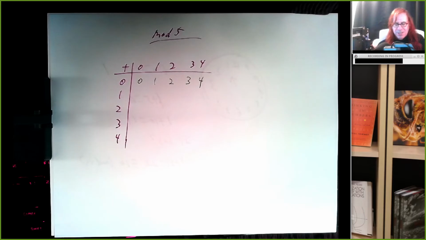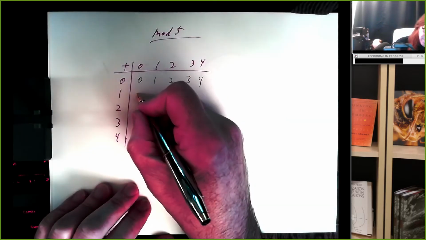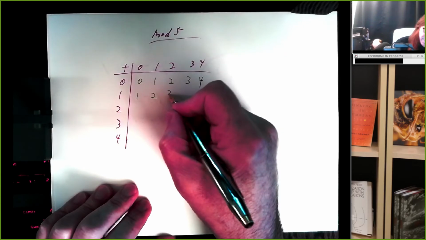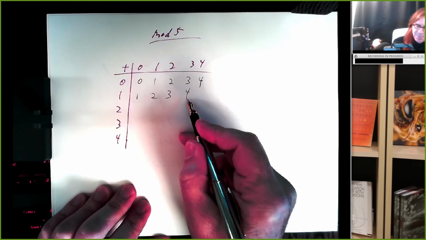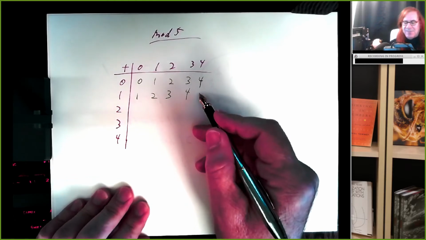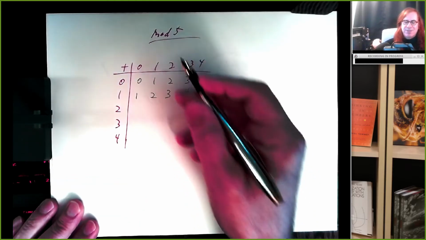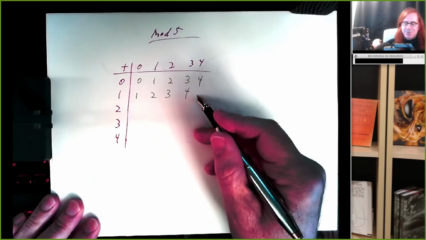What's going to go in the second row? 1, 2, 3, 4. And then 1 plus 4 would be a 5, but I don't want to put any 5s in here. I want everything between 0 and 4.